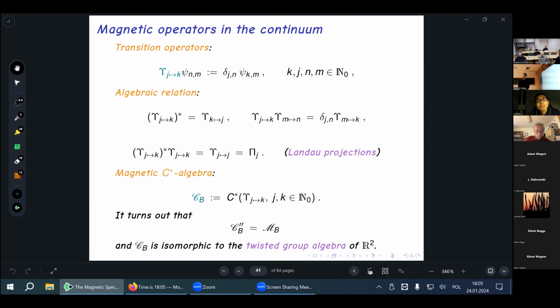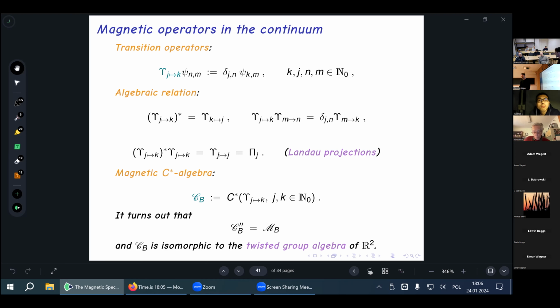Okay. So you're saying that the C*-algebra is indeed the Toeplitz algebra. Well, the interesting thing is that the enveloping von Neumann algebra is the algebra of my magnetic operators. There is another result I will not present. This is nothing more than the group C*-algebra associated to R2 twisted by the cycle that I showed you before. This is the regular representation of the group C*-algebra over R2.